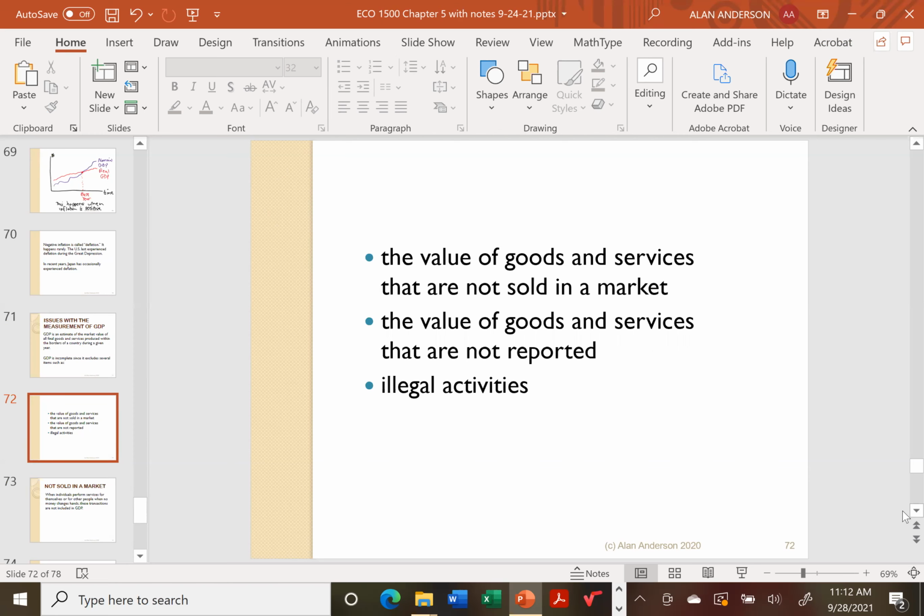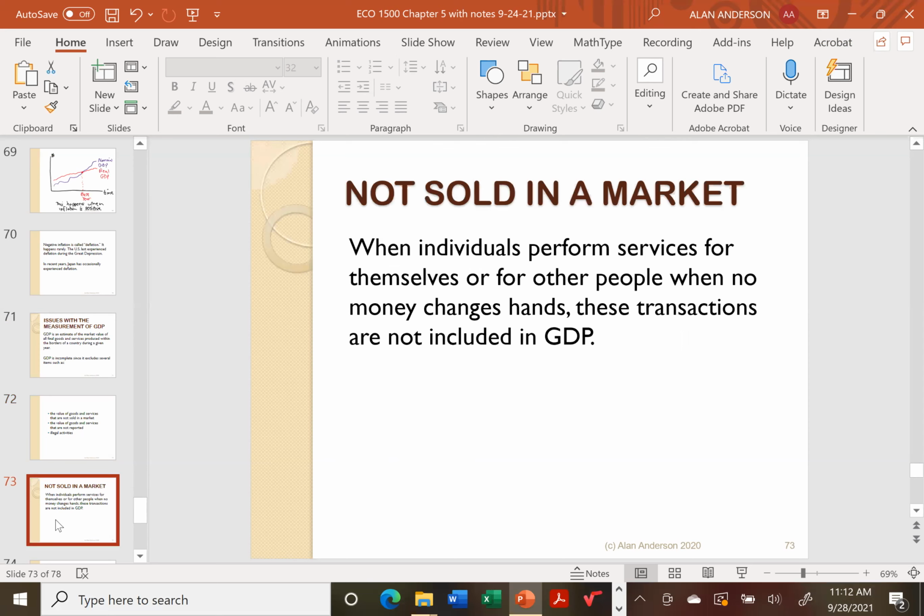Okay, so now what do we mean by not sold in a market? If you perform services for yourself or for other people and no money changes hands, then it does not appear in the GDP accounts because how could it? Nobody knows. If you go next door and help your neighbor fix his car just as a favor, that same service might have cost $100 at a garage, but because no cash changed hands, this is not going to appear in the GDP accounts.